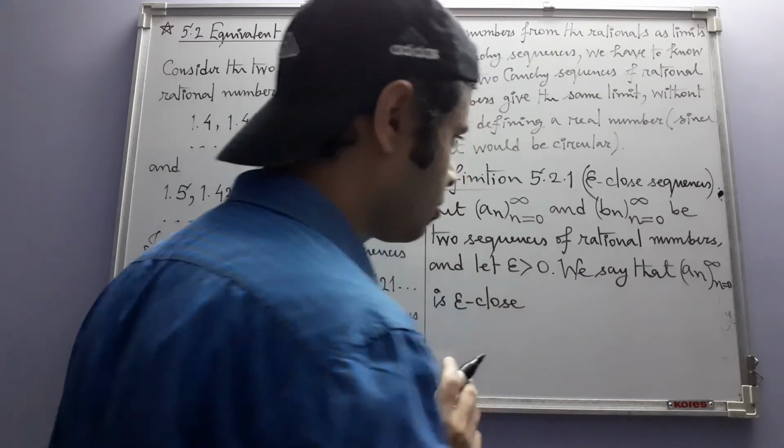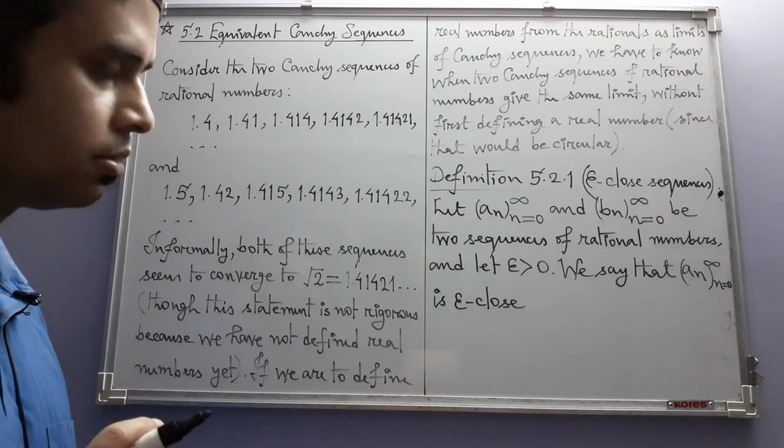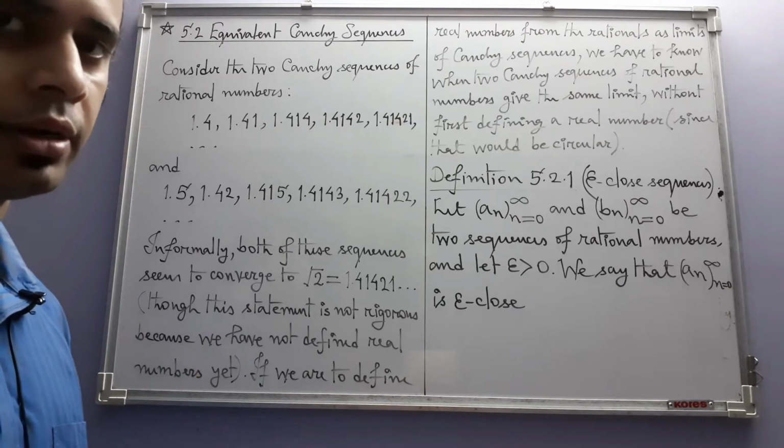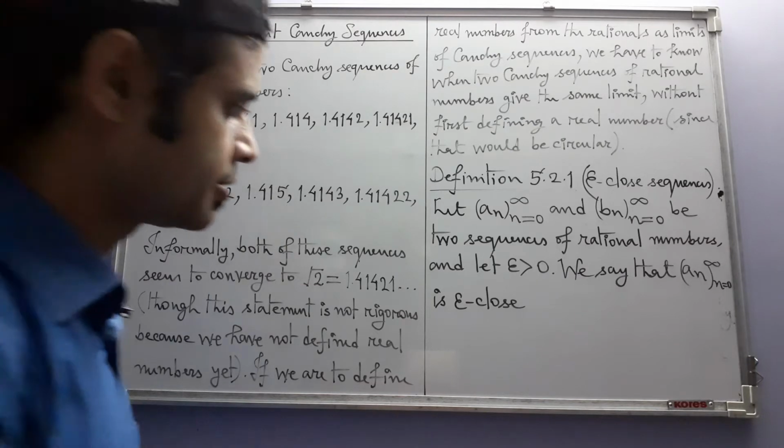epsilon close. Don't confuse this with the ordinary definition of epsilon closeness, which is between two rational numbers. This is epsilon closeness between two sequences.